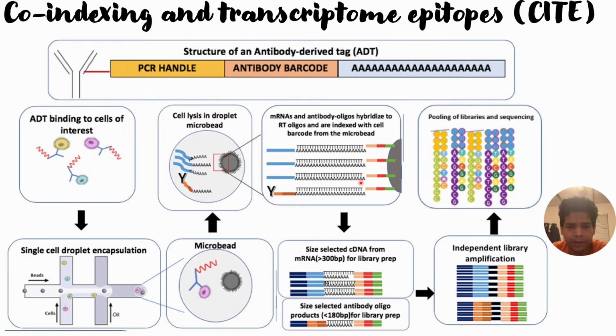After this step, the mRNAs are tagged with the barcode which is specific to that cell only. Thereafter, PCR amplification will be carried out with the help of reverse transcriptase, so that we have the complementary DNA sequence of this mRNA, of different sizes, usually greater than 300 base pair.